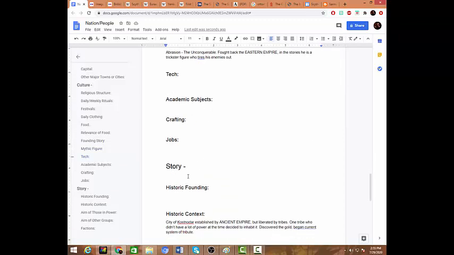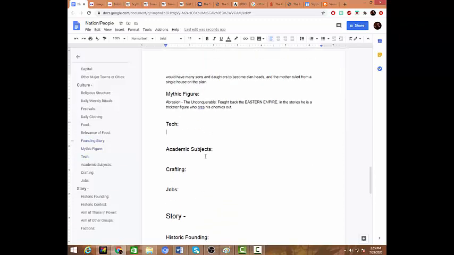Okay, so tech. Not even going to explain this part, but, you know, I guess I will. Horses, stirrups, saddle. So tech doesn't even evolve, people make what they need.